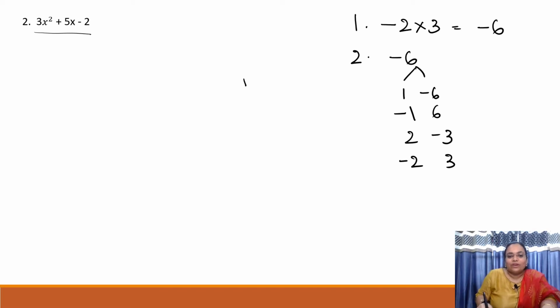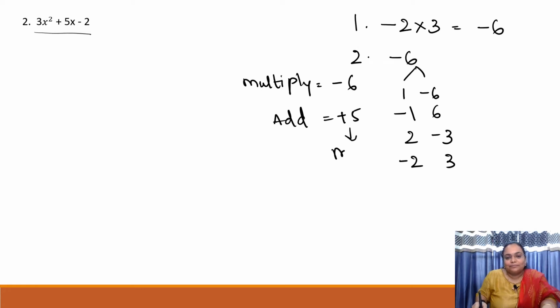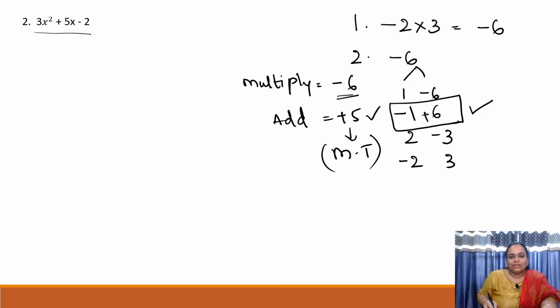If you multiply these two, you need to get −6, and if you add them, you need to get +5, which is your middle term. If we take −1 and +6, −1 into 6 is −6, and −1 plus 6 is +5. Okay, so we will take this combination.